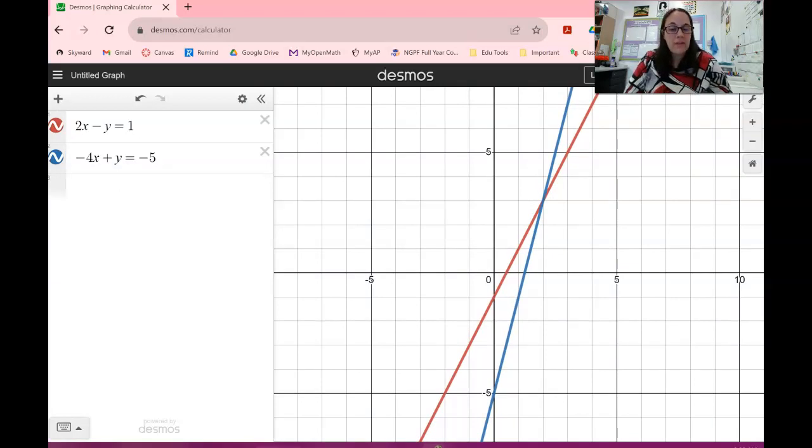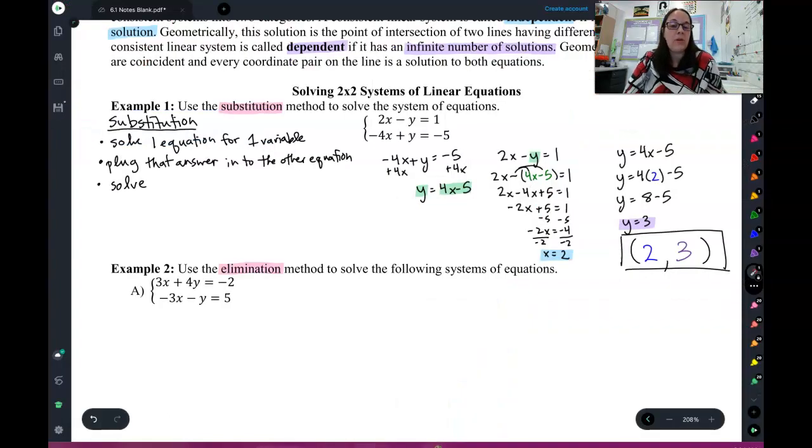If you look at these two lines, you will notice that the point where they intersect is the point that we just found. So that's what we're doing when we're solving a system of linear equations. We're finding the point where those lines cross, the point that they have in common. And that's what's happening when we write out our answer. We're saying this is the point that these two equations have in common, the point that's the same between them.